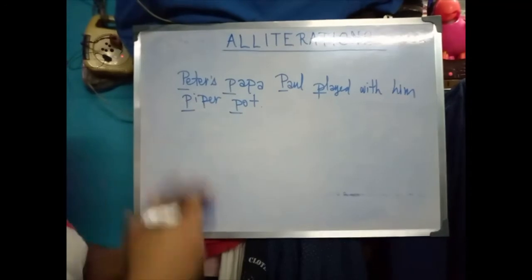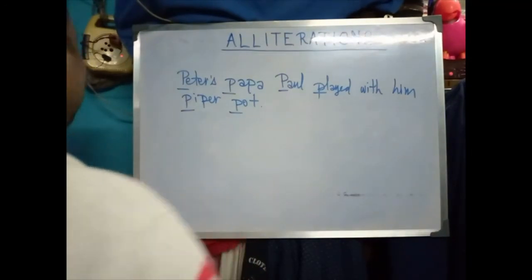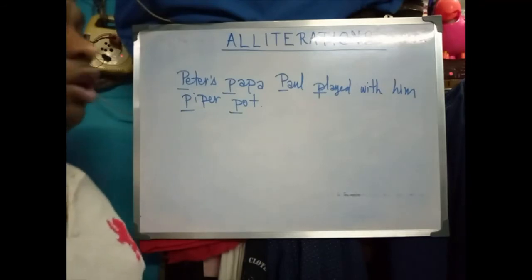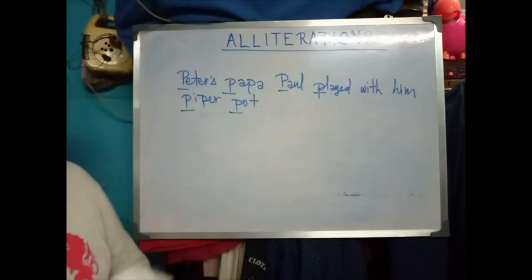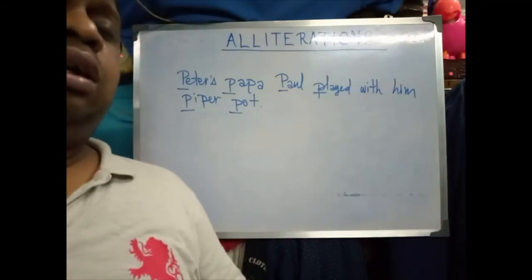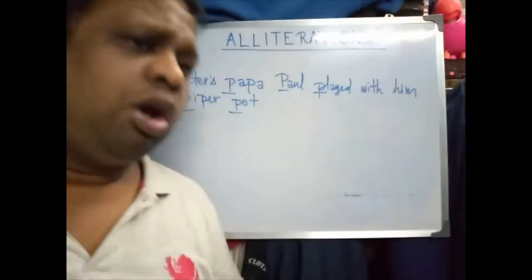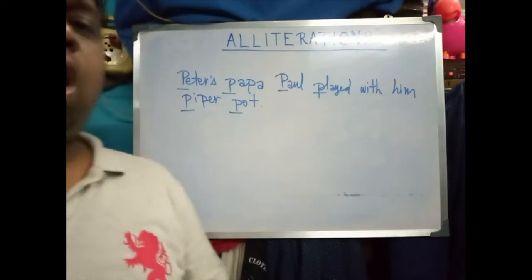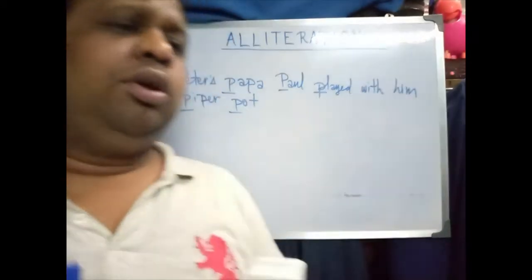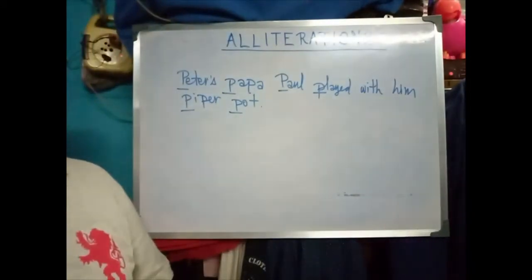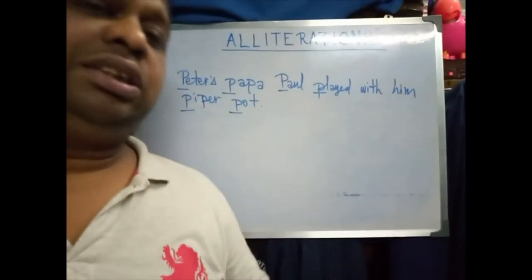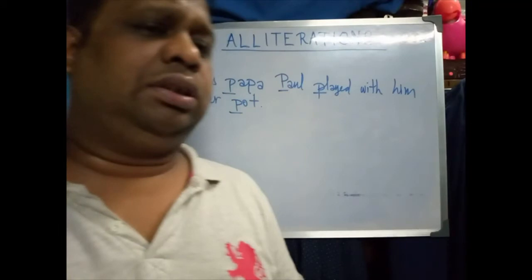With these examples, we have seen that alliteration is that figure of speech in English where repetitions of a particular phonetic sound take place in a phrase or in a sentence, one after the other.